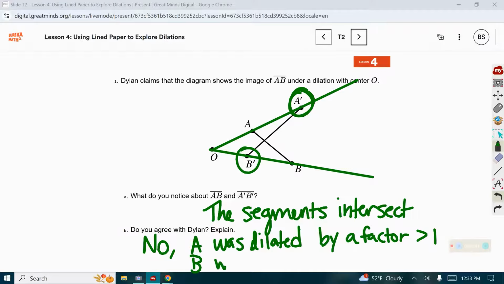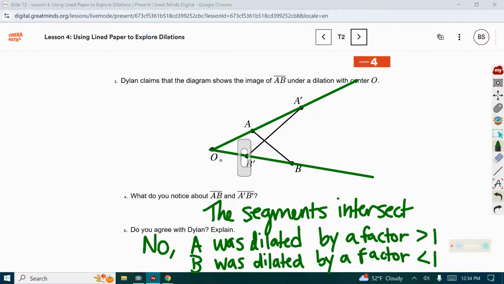And B was dilated by a factor less than 1, since it is closer than the original. If they do not have the same scale factor, then this is not a dilation from center O.